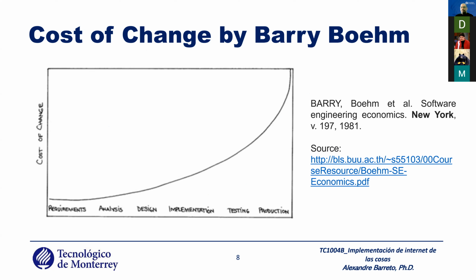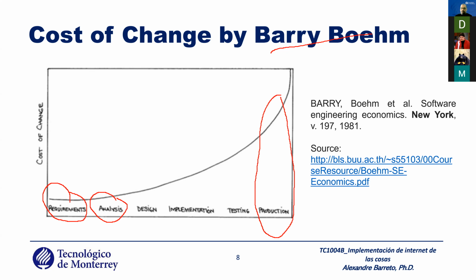This graph, the variable graph, shows these things. If you find a problem in the requirements, the cost is very low. If you find the problems in analysis, it increases. If you find the problem in production, the cost is much higher because you already implemented it and you're using the software.